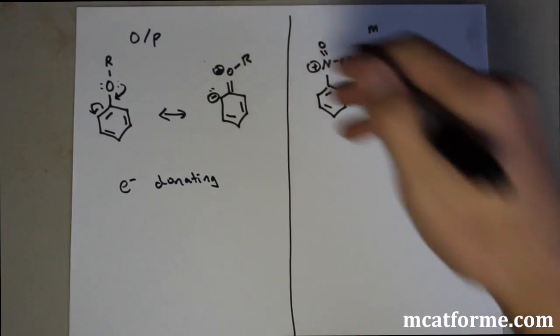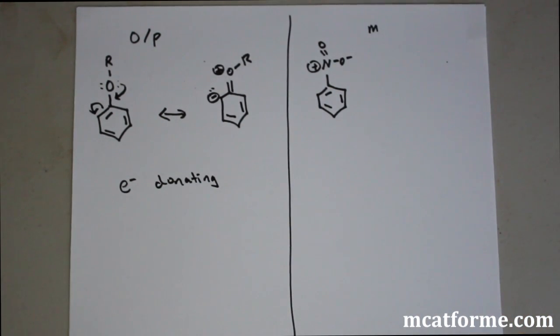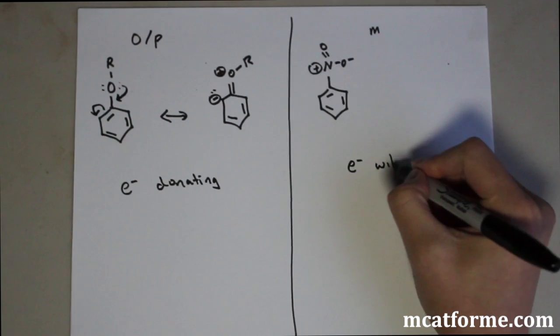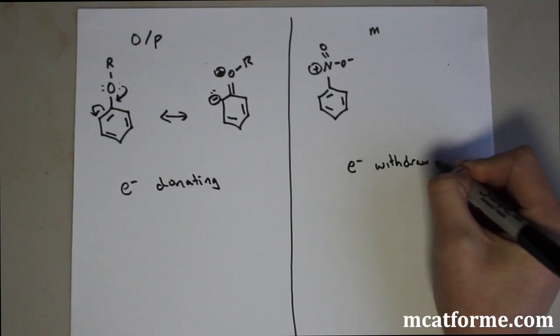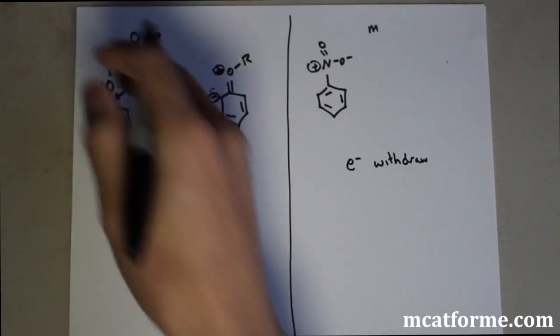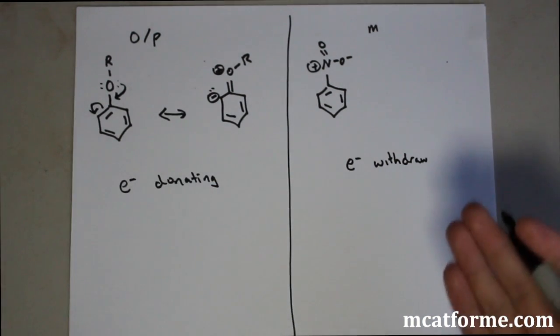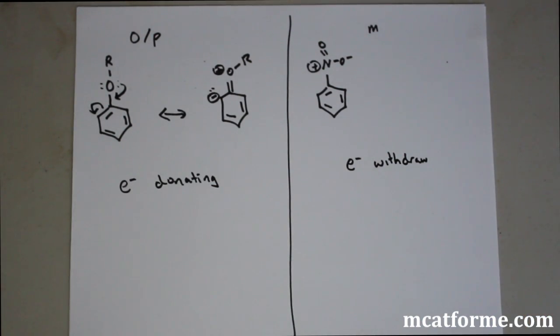That's why we won't see anything that can actually donate electrons, because there is no lone pair of electrons on the end. Because that is the case, it's electron withdrawing. So if it can donate electrons, if it has a lone pair of electrons, it's electron donating. If it can't, it's electron withdrawing. As long as you have that checked out, make those generalizations. Always make your life a little bit easier for the MCAT.